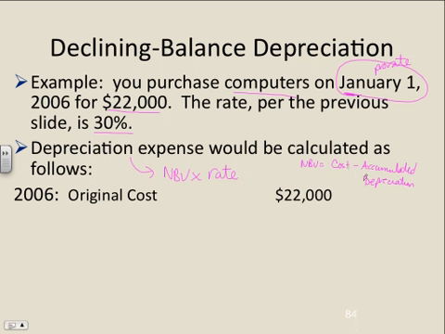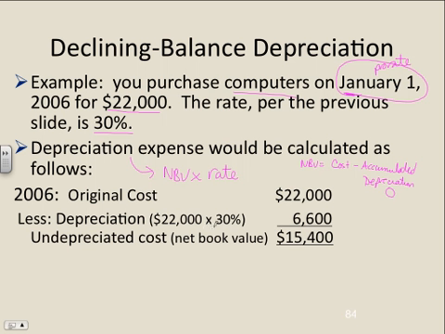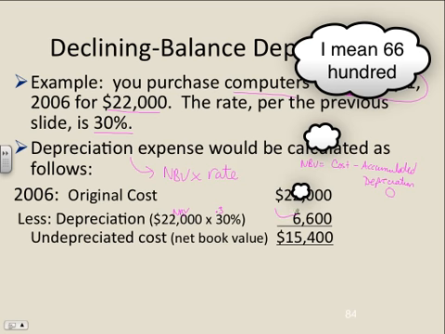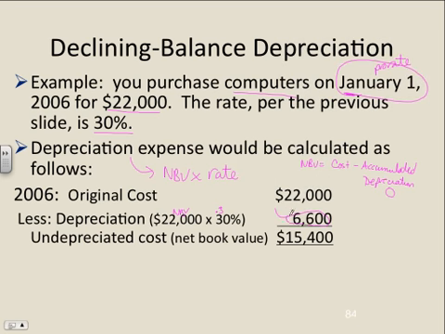Because it is the first year of this asset's useful life, we have not accumulated any depreciation. So in year one, net book value equals cost. So we're going to take the original cost and multiply it by that 30%. So here's our formula, net book value times rate. It's going to be 22,000 times 0.3, which equals $6,600. So here's our depreciation expense. This is what we're going to put into that depreciation journal entry that first year.